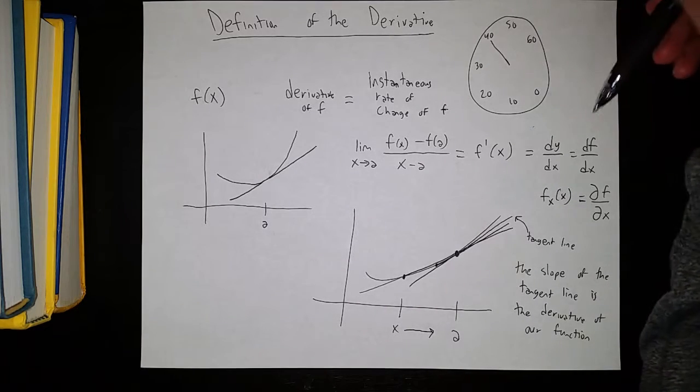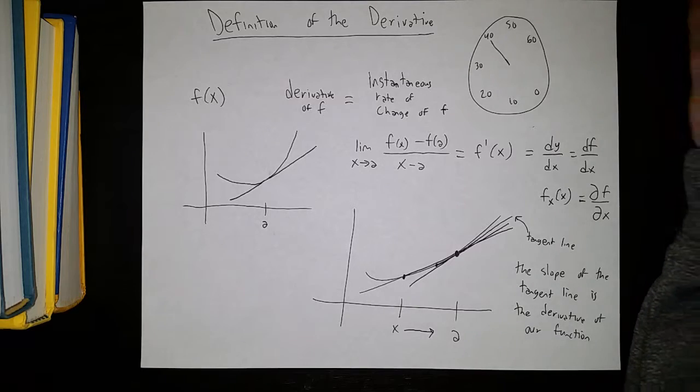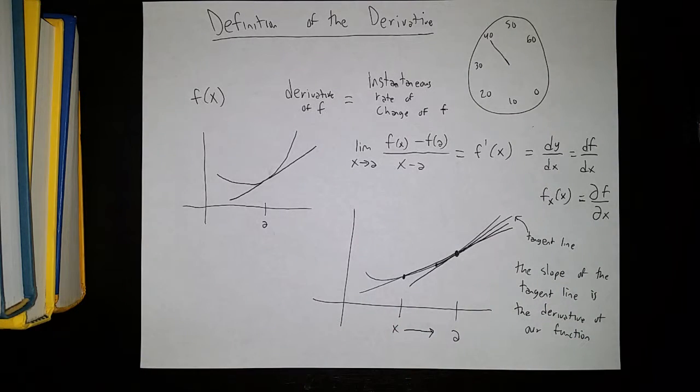We have our definition of the derivative, and so let's take a step back here. The derivative of a function is the instantaneous rate of change of that function. Like I said, if we're driving in a car, then our speed will be the instantaneous rate of change of the car. So if we're on the highway and we're going 40 miles an hour, then that will be our position's derivative on the map.